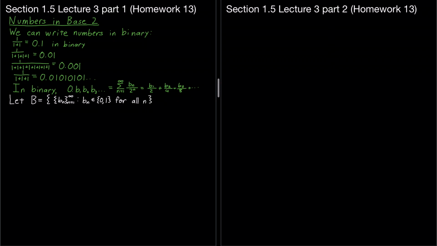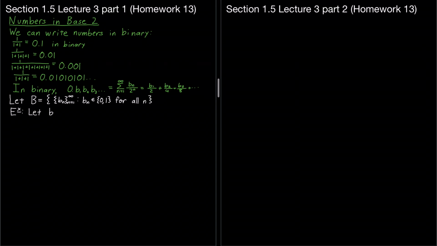So you're used to seeing sequences like 1, 2, 4, 8, 16, that's the powers of 2, or 2, 3, 5, 7, 11, 13, 17, that's the primes. This is all sequences that are zeros or ones. So 0, 0, 1, and 0, 0, 1, 0, 0, 0, 0, 0 forever, 1, 1, 1, 1, 1 forever. That's an element.